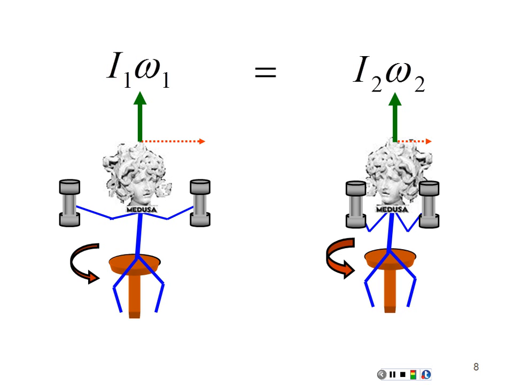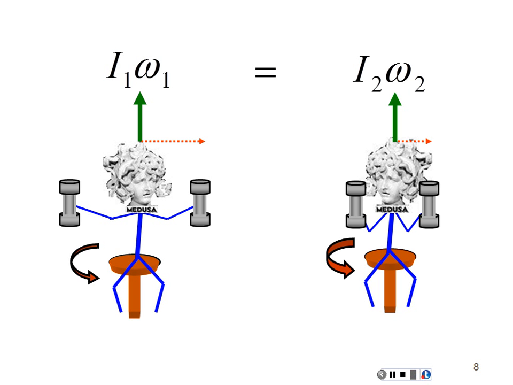Why would that greatly change her moment of inertia? Well, she's going to have a certain moment of inertia associated with her body. We can almost think of that like a cylinder, 1/2 mr squared. If we were to calculate that, we'd get some kind of value. But if you take these weights and hold them out at some distance away, that moment of inertia goes up by mr squared.